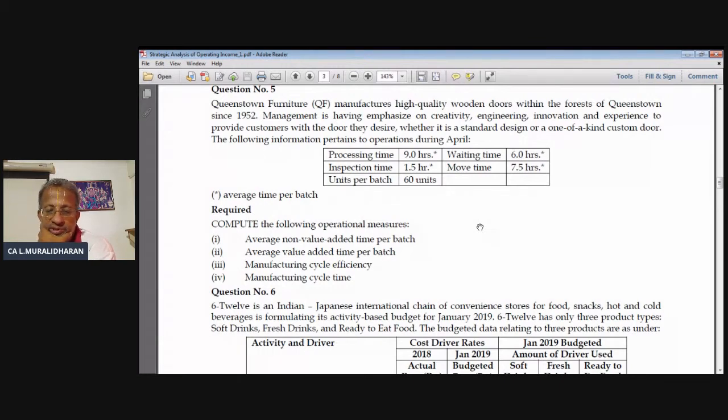Processing time 9 hours, inspection time 1.5 hours, waiting time 6 hours, and move time 7.5 hours. Units per batch 60 units. The asterisk mark is average time per batch. Compute the following operational measures: average non-value added time per batch, average value added time per batch, manufacturing cycle efficiency, manufacturing cycle time.